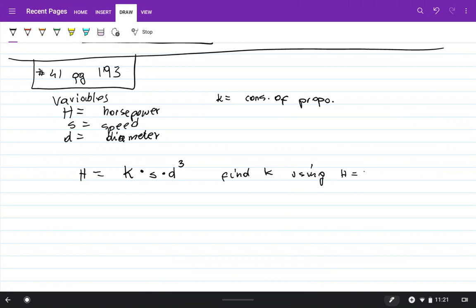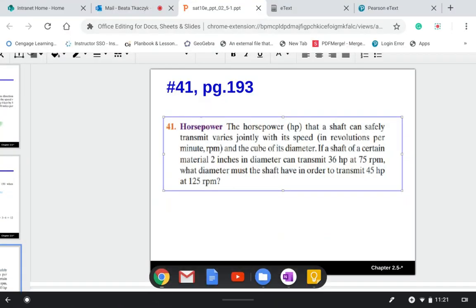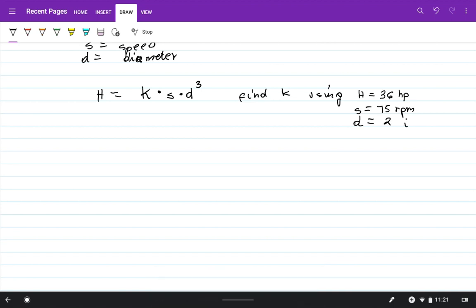I'm going to skip units, guys. Okay, 36. Now the speed was equal to 75 revolutions per minute, and the diameter was equal to, I think, 2 inches. Yeah, 2 inches.